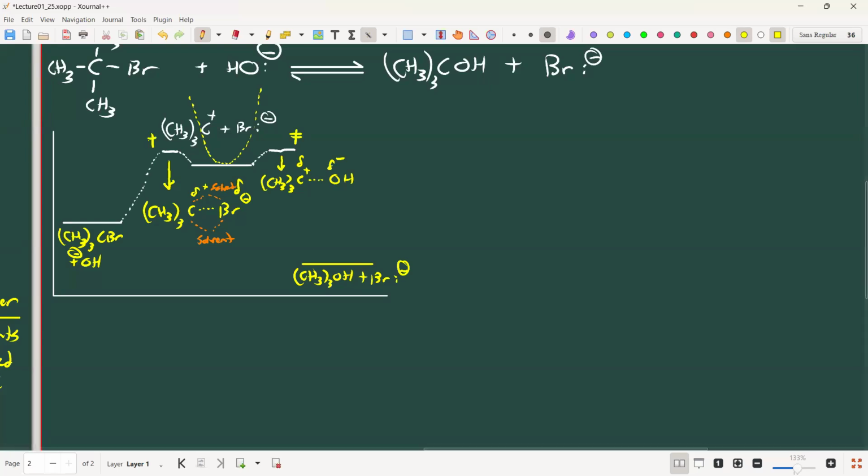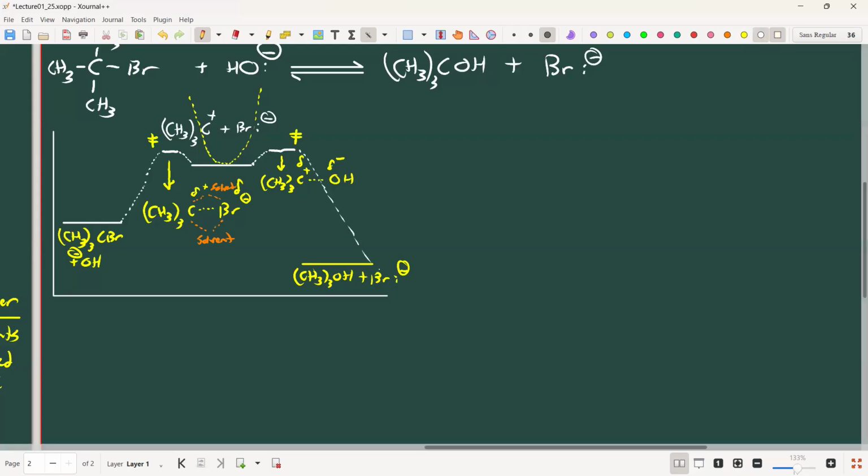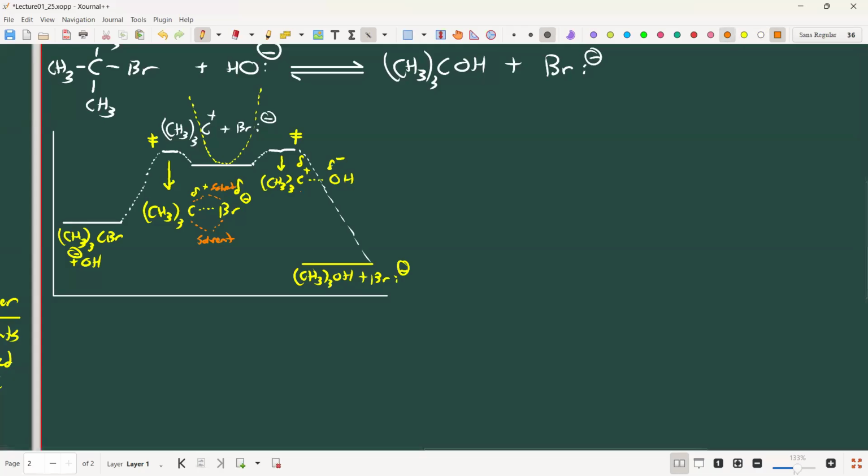These are transition states, if you will. It costs some energy to do that, and then the system reacts down like this. Again, this needs to be stabilized by a solvent as well.